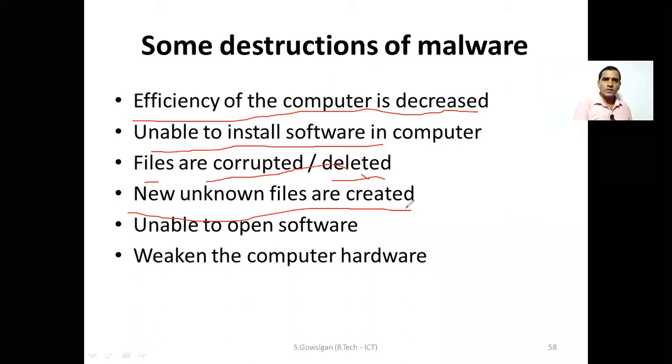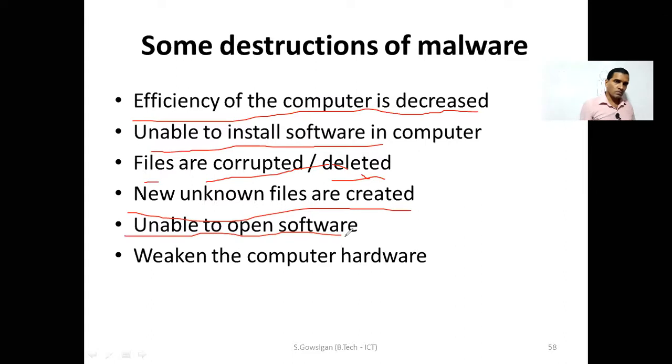Already that hard disk has your meaningful files, so there may be free space. But now these unnecessary, unwanted files are created in the hard disk, which means they can waste your space. When they are created in numbers, maybe hundreds or even thousands, the storage space can be reduced, can be wasted. That is also another disaster.